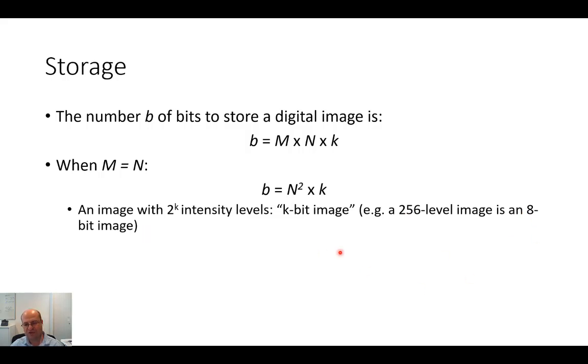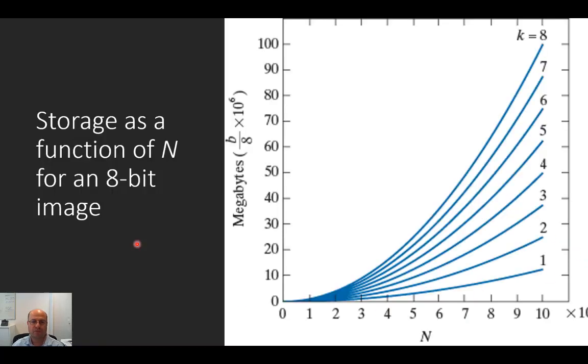It just represents the number of intensity levels, the size of your dynamic range. So an 8-bit image is just an image that has 256 intensity levels to represent. Why 256? Well, 2 to the power of 8, right? It's an 8-bit image.